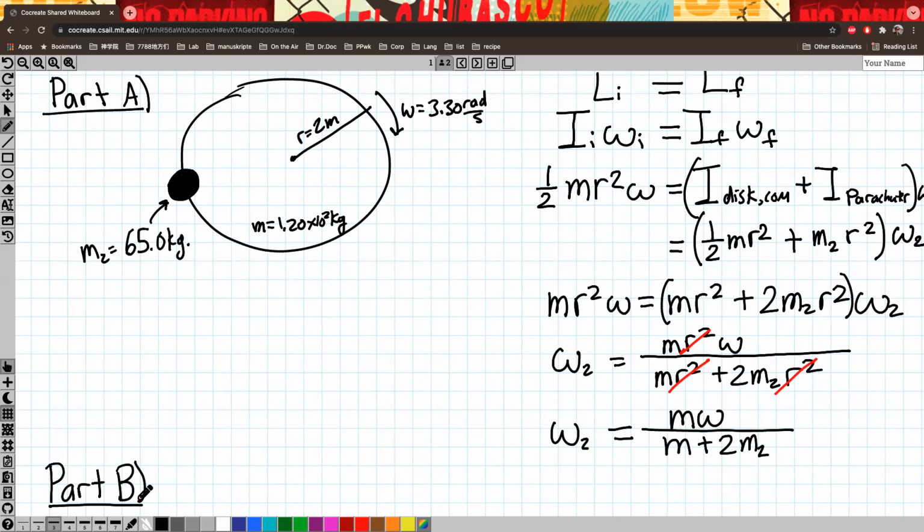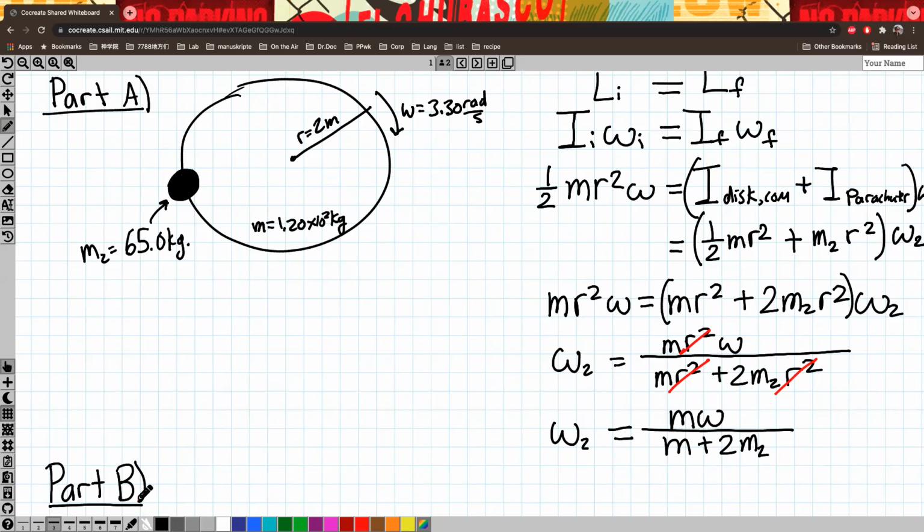For radians per second? Or 0.493. That's what I got. Radians per second, right? Yes. So the moment of inertia increased, and therefore the angular speed has to decrease. So it makes logical sense.